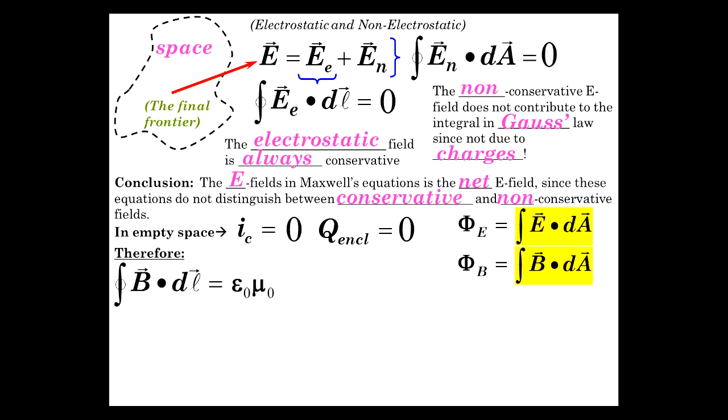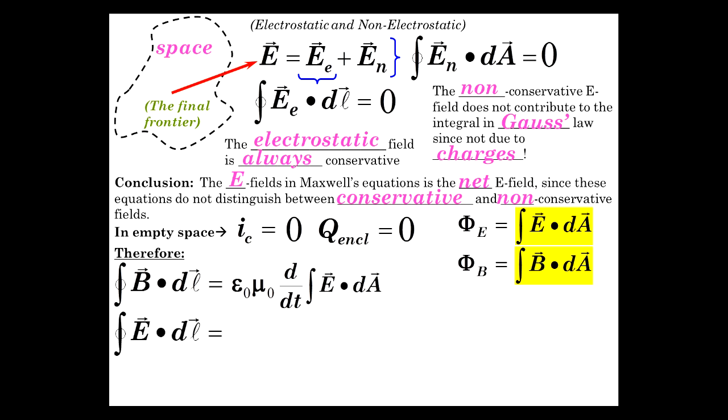Well, there's no conduction current, so forget that. There's no I enclosed. But this evaluates to epsilon 0, mu 0, d phi sub E dt, but phi sub E is integral of E dot dA, so I'm replacing that here. So we have epsilon 0, mu 0, d dt of integral of E dot dA.